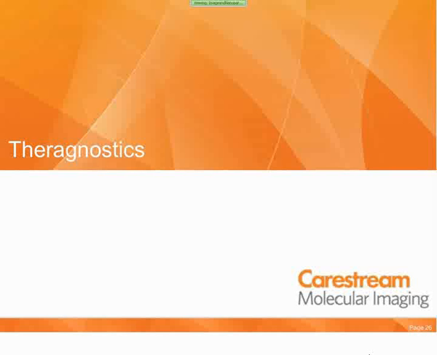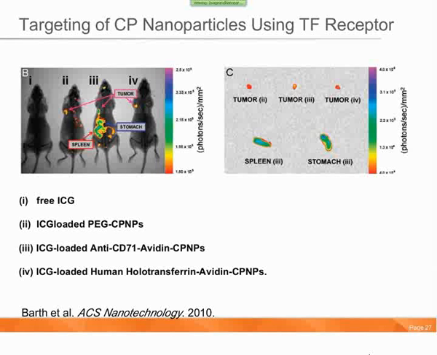So they injected free ICG to show what that looked like in its distribution and set the scale of the image to that. Then they changed the surface chemistry in a variety of ways to look at the optimal tumor to non-target ratios, identifying the most specific way to deliver these loaded nanoparticles to a tumor. In this case, you can see the human transferrin and aberrant calcium phosphate nanoparticles work quite well, and perhaps slightly better than PEG surface-coated calcium phosphate nanoparticles.